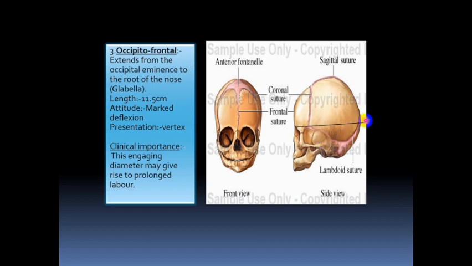then the presenting diameter will be occipitofrontal. That is to say, it is the diameter which extends from the occipital eminence to the root of the nose, or what is called the glabella, and the diameter in this case is 11.5 centimeters, which is the presenting diameter when the head undergoes marked deflexion.